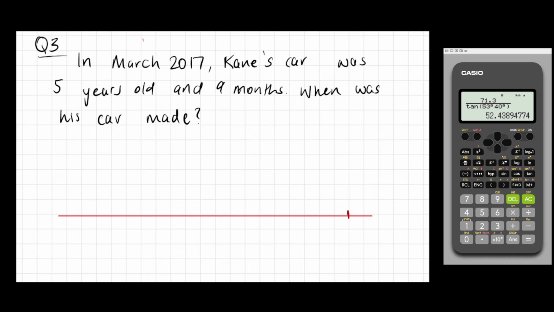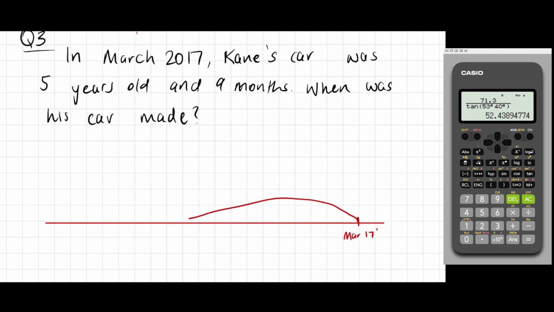So he's over here in March of 2017. Starting off with the 5 years, minus 5 years. How long ago was that? That would have put him back in March of 2012.